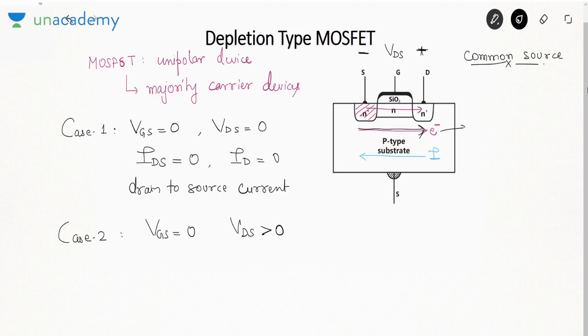Why are they moving? They are moving because of potential difference, or because of the electric field. The electric field is always from positive terminal to negative terminal. So that means this is your drift current. In BJT I told you electrons were going from emitter to base because of diffusion.